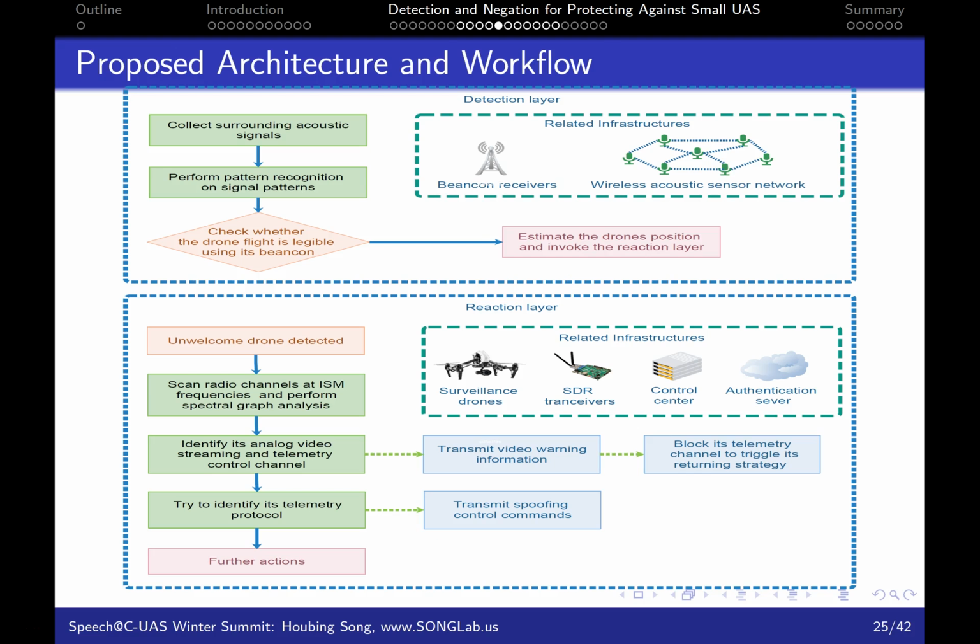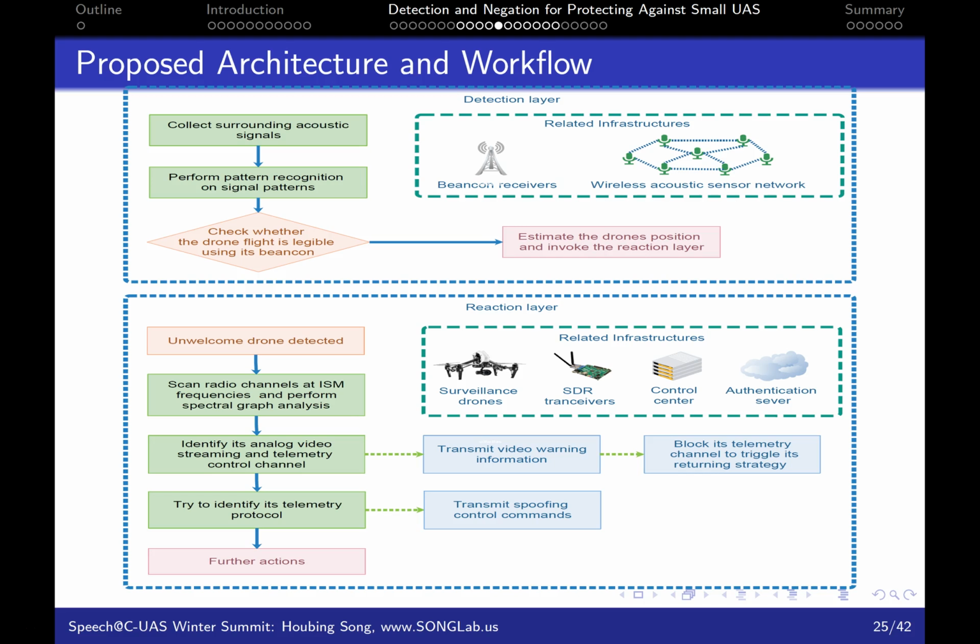So our proposed UAS detection and neutralization architecture and workflow is like this. From the top, we have the detection layer. On the bottom, it's the reaction layer. For the detection layer, we will collect surrounding acoustic signals, and then we perform pattern recognition on signal patterns.